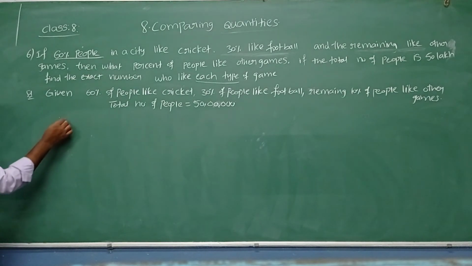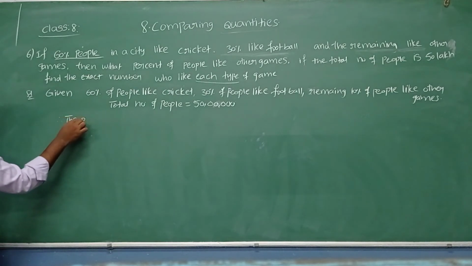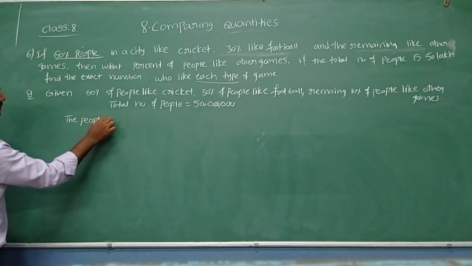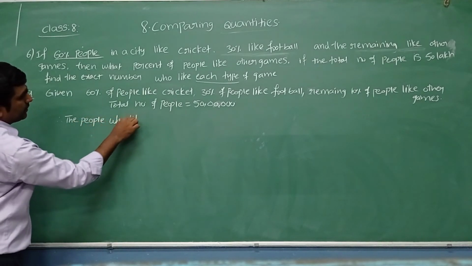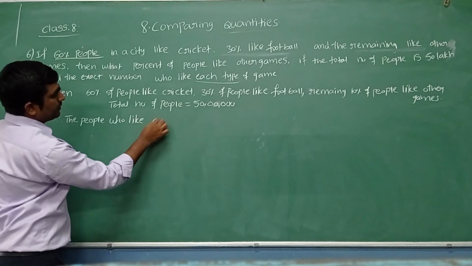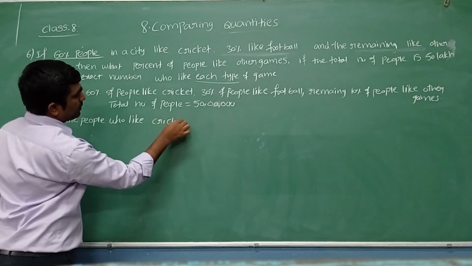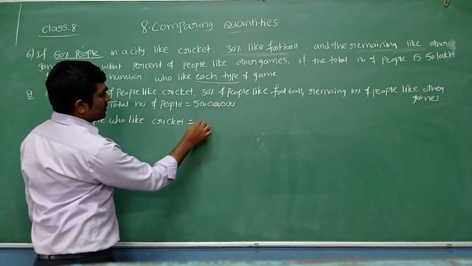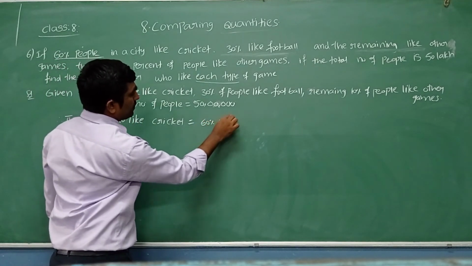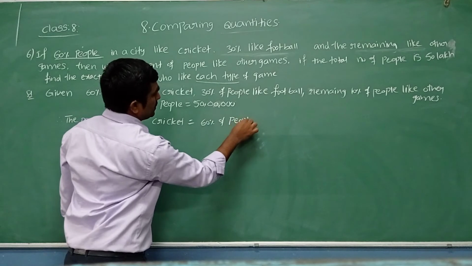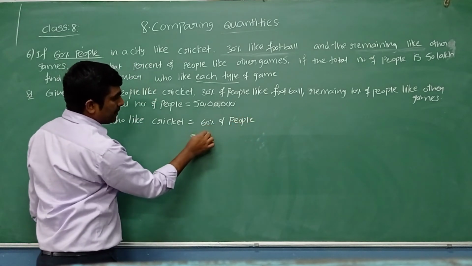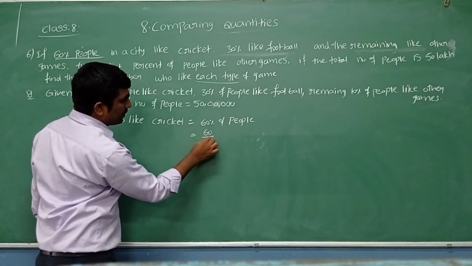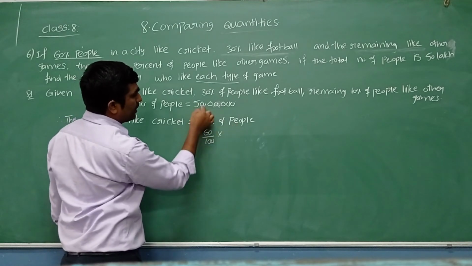Yes, let me write here. The people who like cricket. How many people are there? 60% of people. 60% is what? 60 out of every 100, into the total number of people here.